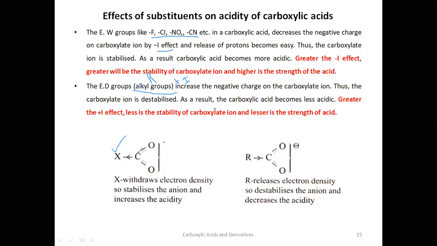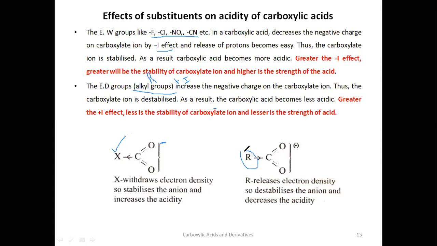This is more electronegative than carbon. Therefore, the electron density of the bonded electron pair is shifted towards the electron withdrawing group. It pulls the electron density away, thereby stabilizing the negative charge present on the carboxylate ion.